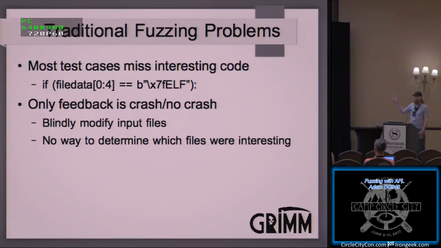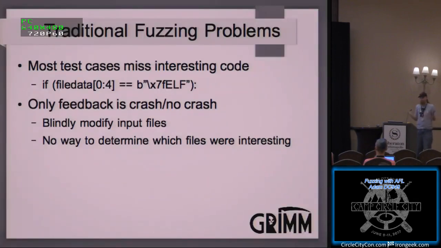And so every time you modify any one of those bytes in any way, you're going down that boring path. But the problem is you don't know that because you don't have any feedback. You just know the program didn't crash. So you're going to be going through possibly 4 billion different iterations to try all the different combinations for the first 4 bytes, and it's just going to be really boring in all of the cases but one.